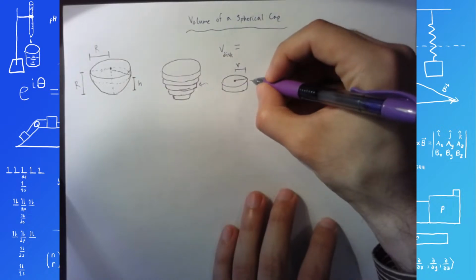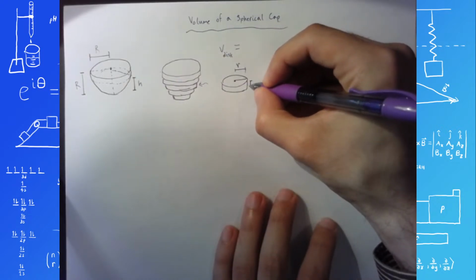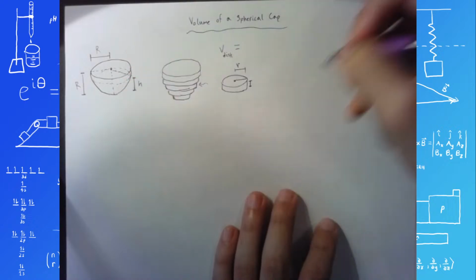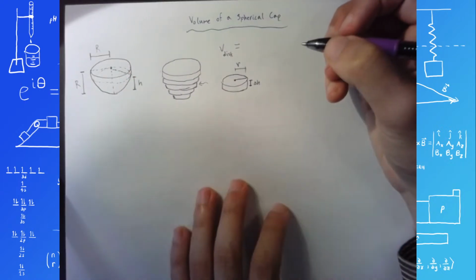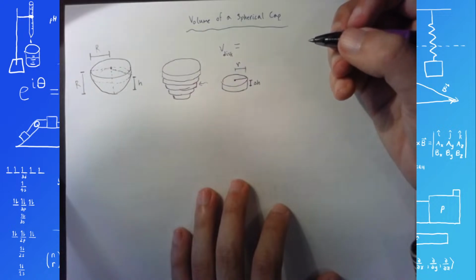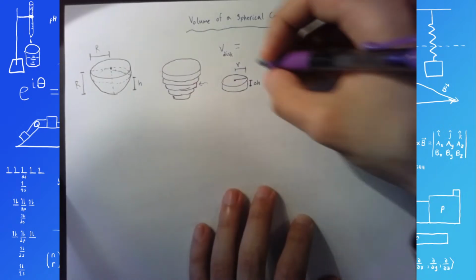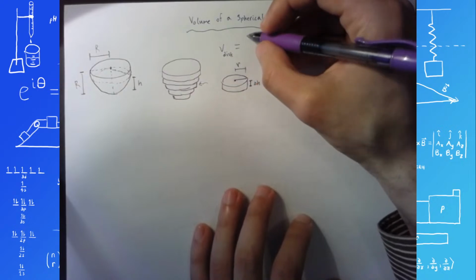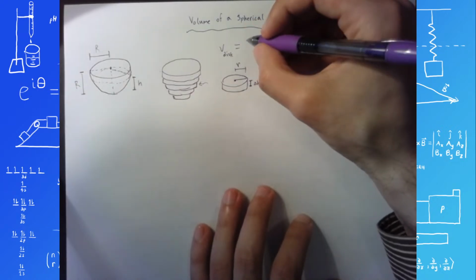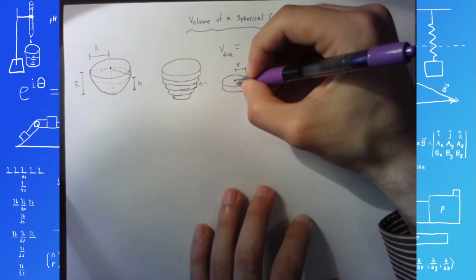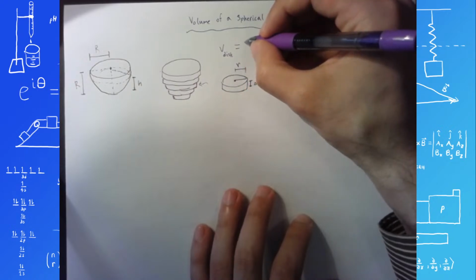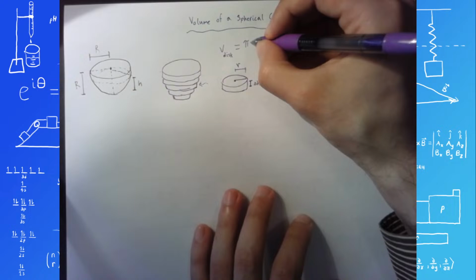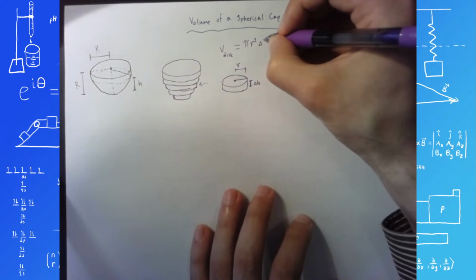And it's going to have some fraction of this total height. I'm going to call that delta H. That's all we need to calculate its volume. A disk is basically just a short cylinder, so it would just be area times height, pi r squared times delta H.